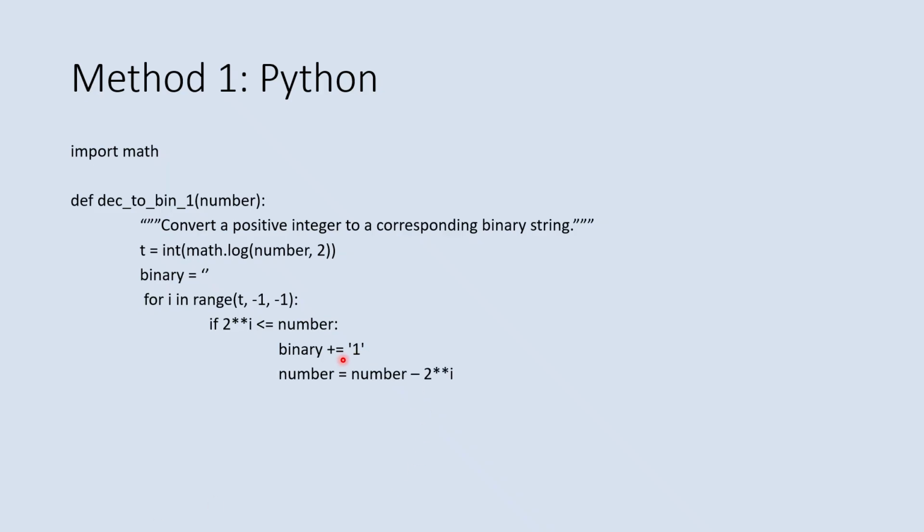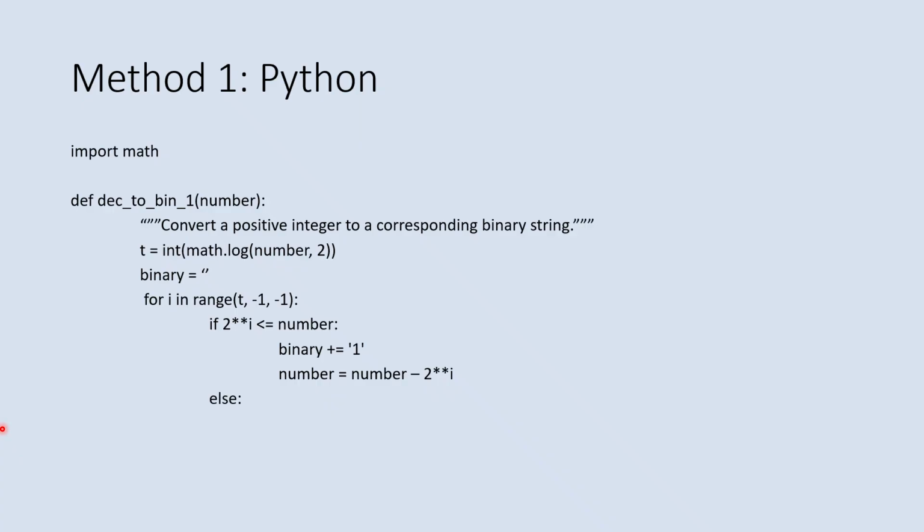But then once we have recorded the 1, that means that we then need to remove 2 to that power from the number. So we're going to update the number by removing 2 to the i from that value. And then we'll do it again. And we keep doing this again and again.